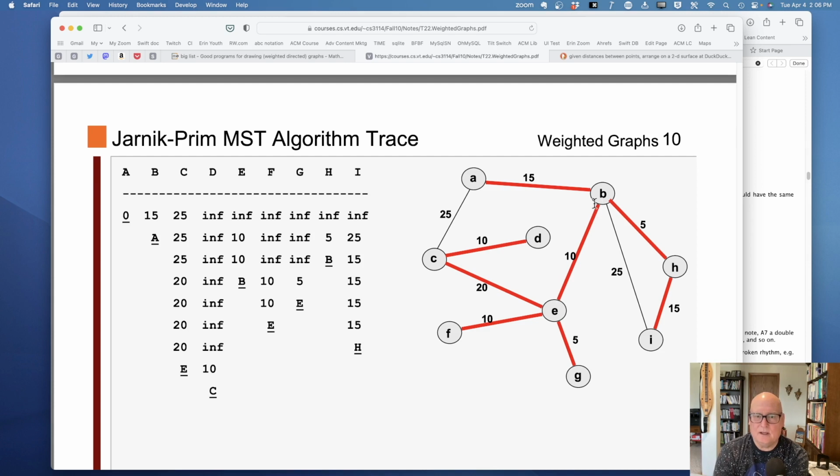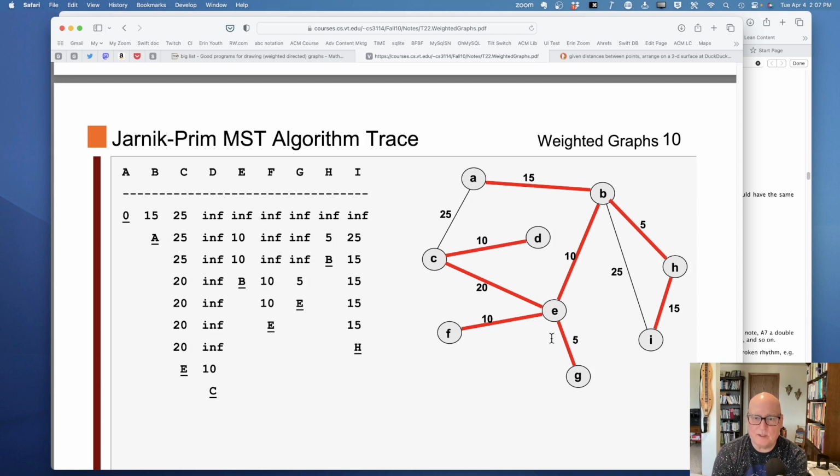Okay, so it's cheaper to get node C by going B to E to C than it is by going B to A to C. Okay, and so we don't need this edge in the final graph, nor this one. I think this is probably A, B, C, D, E, F sort of thing.